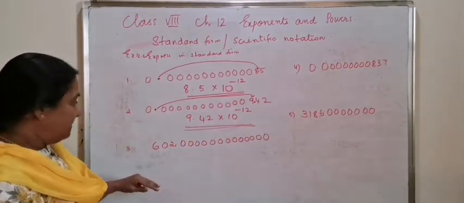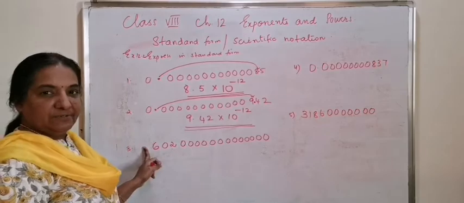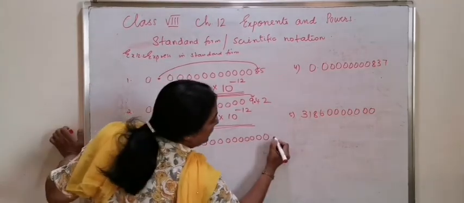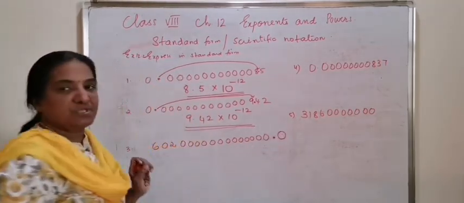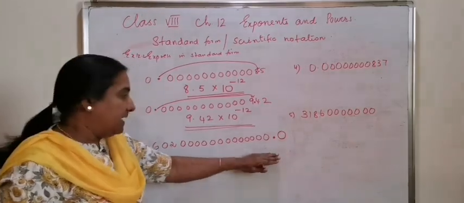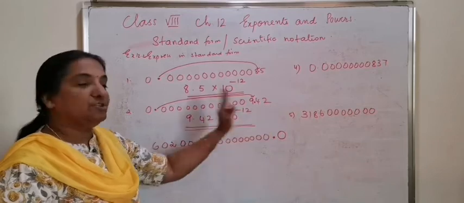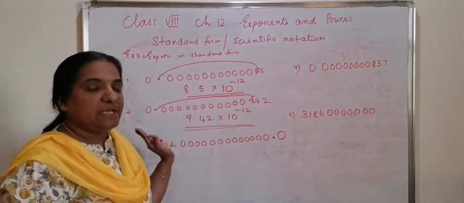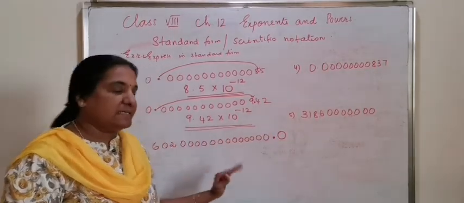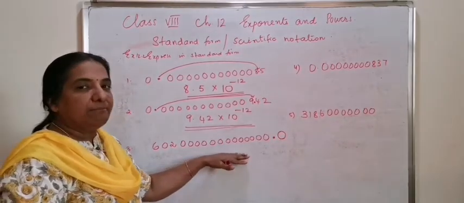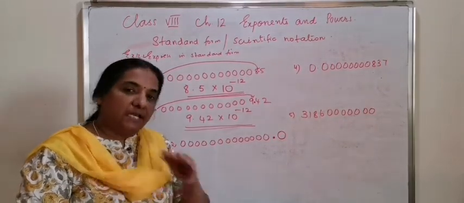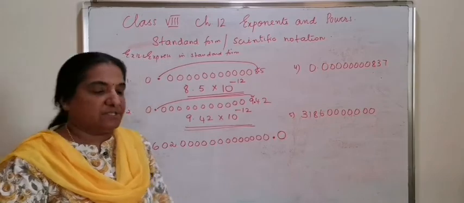Here when you see, there is no decimal place. It is a very big whole number. You have to get the decimal shifted to the left, and since the number is very big, it is always 10 to the power of a positive exponent.